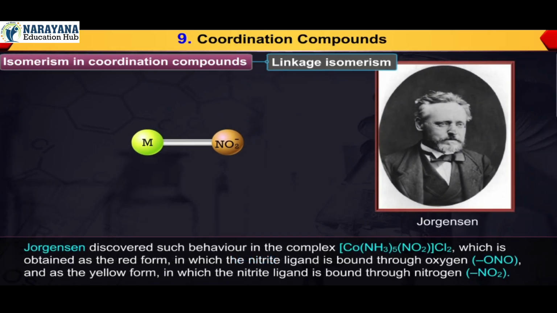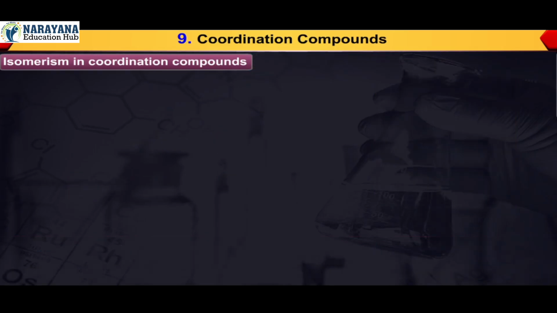Jorgensen discovered such behavior in the complex [Co(NH3)5(NO2)]Cl2, which is obtained as the red form, in which the nitrite ligand is bound through oxygen, that is –ONO, and as the yellow form, in which the nitrite ligand is bound through nitrogen, –NO2.